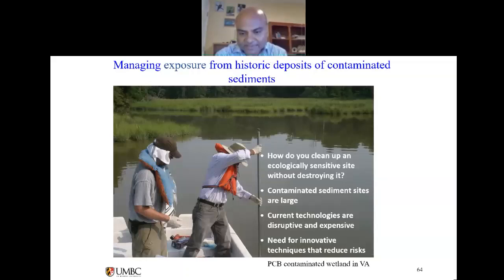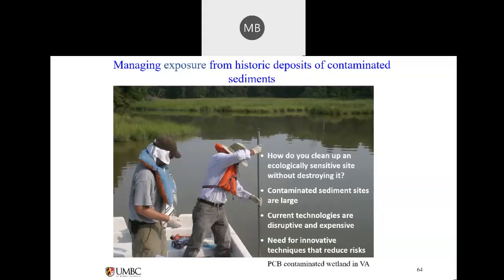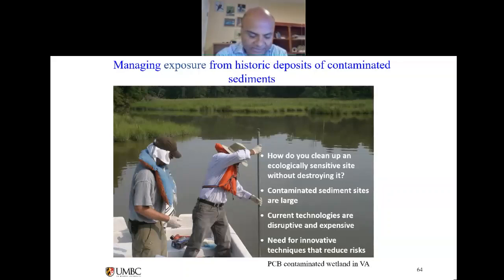The problem is that these sites are large and contaminated from past activities, and these chemicals have the tendency, as I said, to bind to suspended particles. And so the legacy of that deposition over many decades, when they were released in the past, primarily in the 40s, 50s, and 60s, they got deposited in areas where sediments deposit.